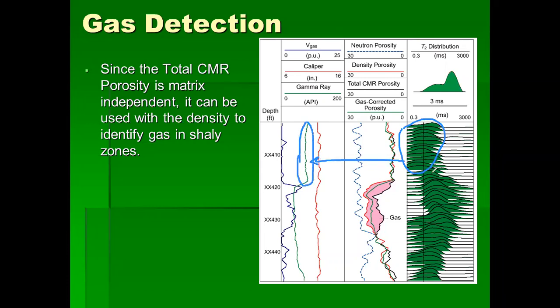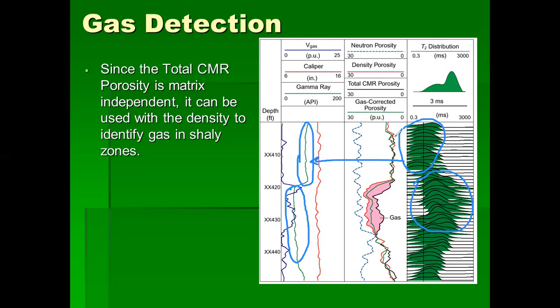While moving toward the middle, we have more shifting of the T2 distribution into the larger relaxation time. And this is accompanied by a decrease of the gamma ray as shale indicator, and so we are moving into a lesser amount of clay volume here.